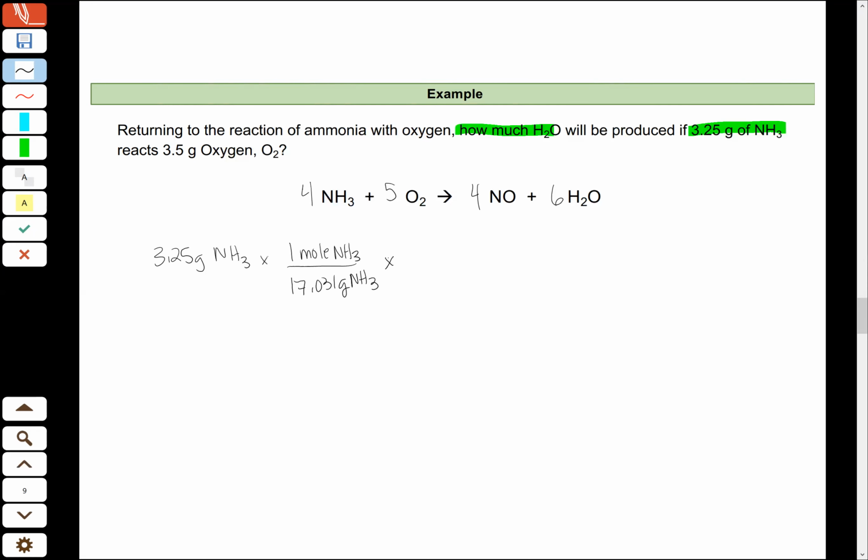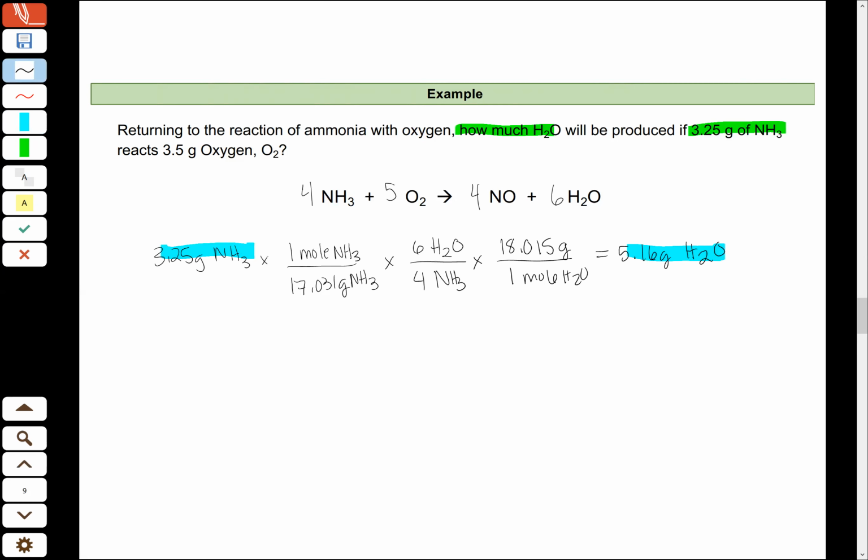And then we used our coefficients to convert into water, that we would use 6 moles of water for every 4 moles of NH3. And then we converted into the mass of water using the molar mass of water, which is 18.015 grams in every 1 mole of water. And that gave us 5.16 grams of water. And that's produced from our 3.25 grams of NH3.